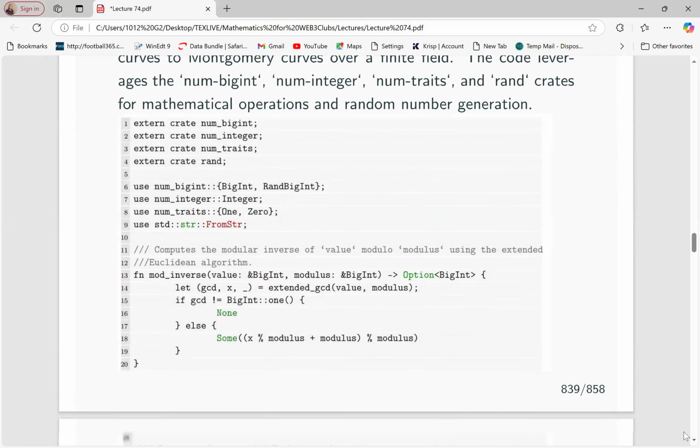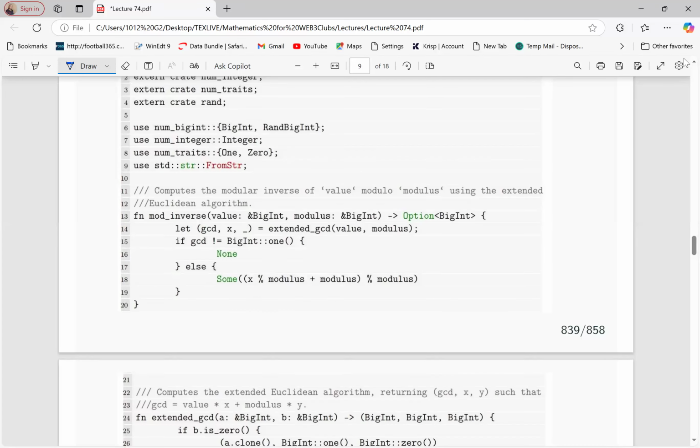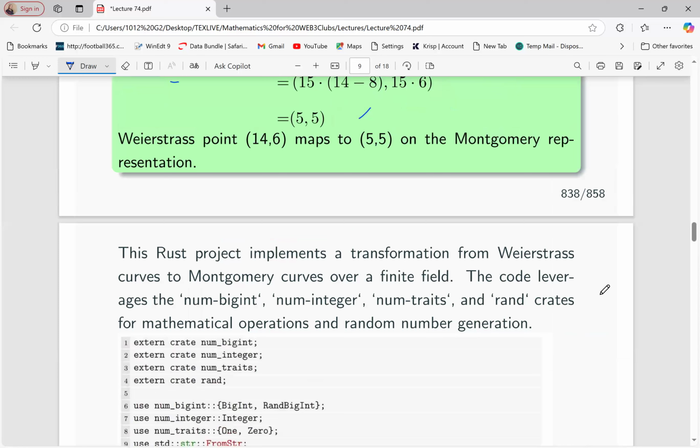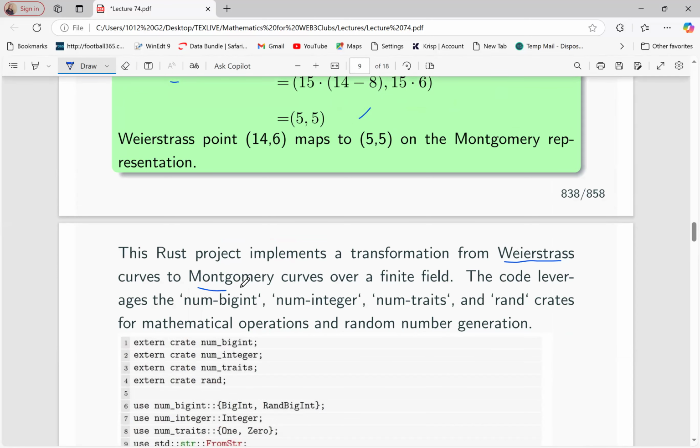Now, I want to convert a point from Montgomery to short Weierstrass. No, from short Weierstrass to Montgomery. This code is on converting from Weierstrass to Montgomery. Now, if I want to do that, let me just recall what I need.